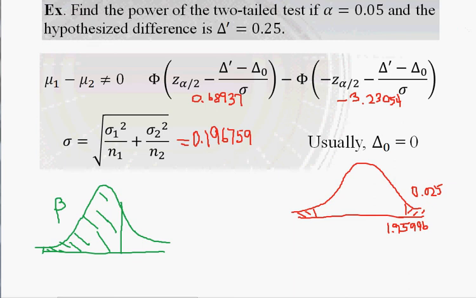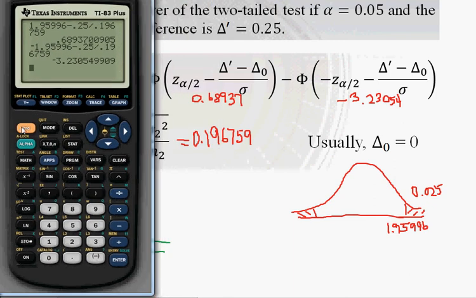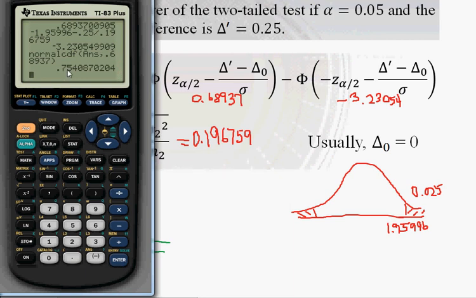And so let's do that calculation, and for that we'll just simply use normal CDF between those two numbers. So normal CDF between the left endpoint will be the one I just got, and the right endpoint will be the top one, 0.68937 to 5 places. And so that gives me a value of beta of about 0.7541.